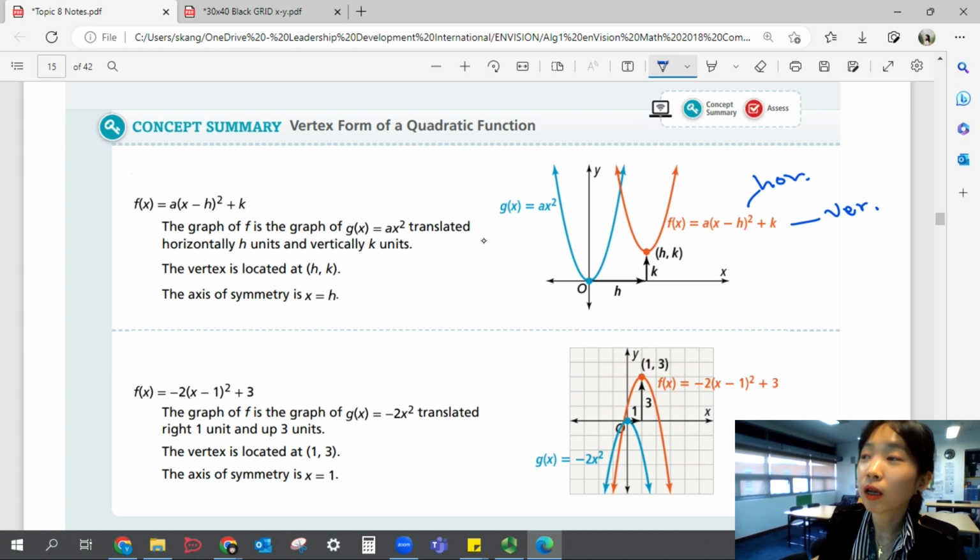Okay, and also if your a is negative, then it's a reflection, not a stretch or compression. So for a, there are two things you need to look at: the absolute value of a, the magnitude of a, or if a is positive or negative. In this case, if it's negative, it's a reflection.